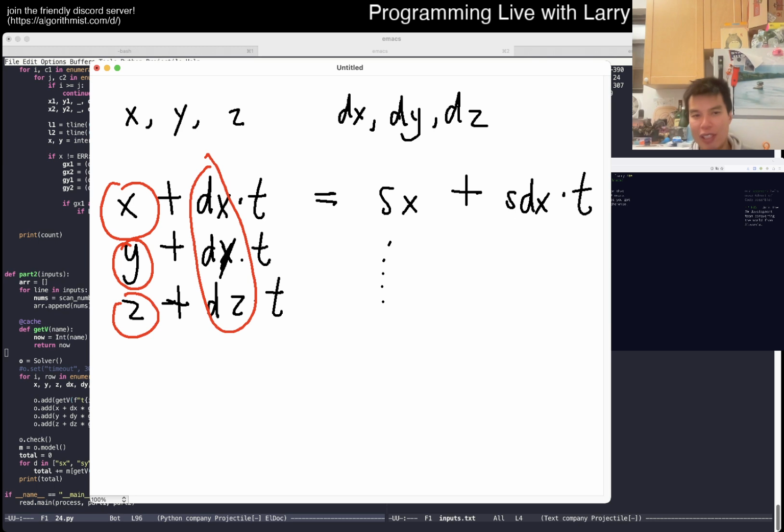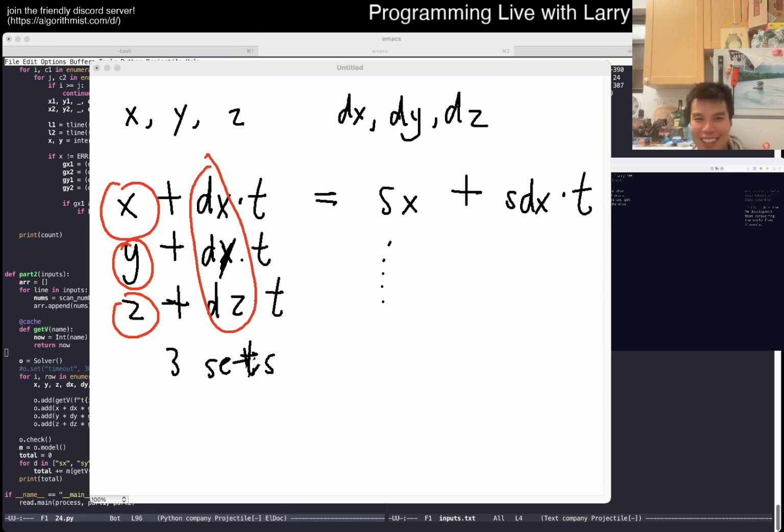Basically now you have three sets of equations per asteroid. And from that, honestly, after this, it's just plugging in the solver.